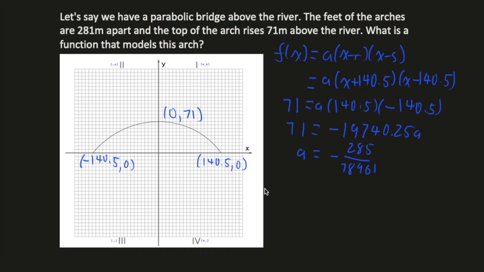So that would give us f of x is equal to negative 285 over 78,961 multiplied by x plus 140.5, and then multiplied by x minus 140.5. As a result, this gives us the final function that models this arc over here.